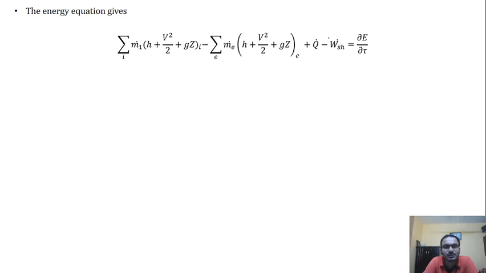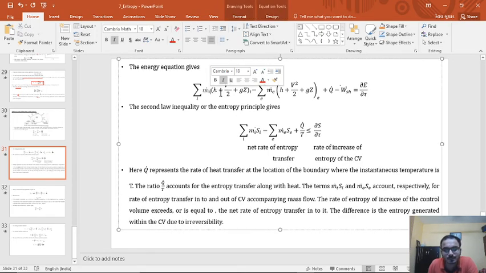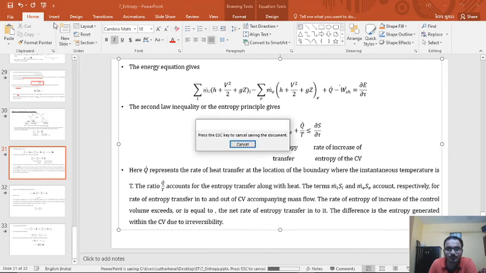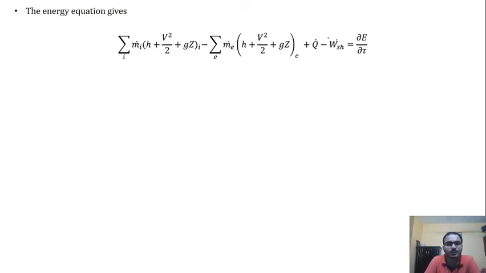Now the energy equation is given by this formula. As we have already studied this during our first law of thermodynamics, I am not going to repeat everything again. Here also it is m_i.